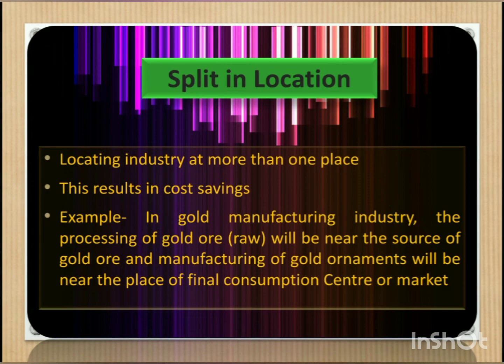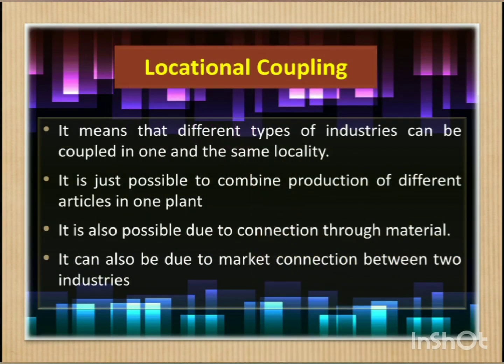Next, locational coupling. Locational coupling means that different types of industries can be coupled in one and the same locality. It is just possible to combine production of different articles in one plant because of the availability of several raw materials from the same source. It is also possible due to connection through materials.